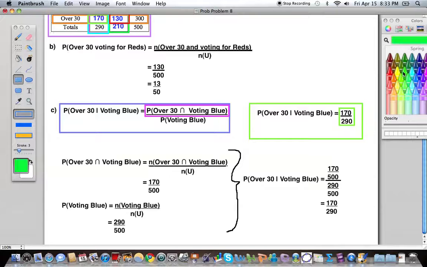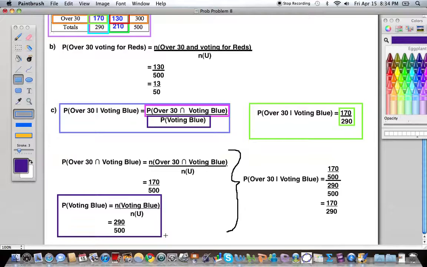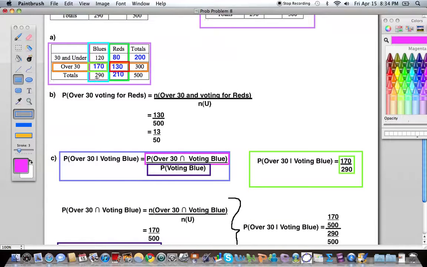Now we can find the probability, in a darker purple, of voting blue. It's right here. The probability of voting blue is equal to the number of people who voted blue divided by the number of total people, which is 500. If we look up here, 290 people voted blue out of a total of 500.